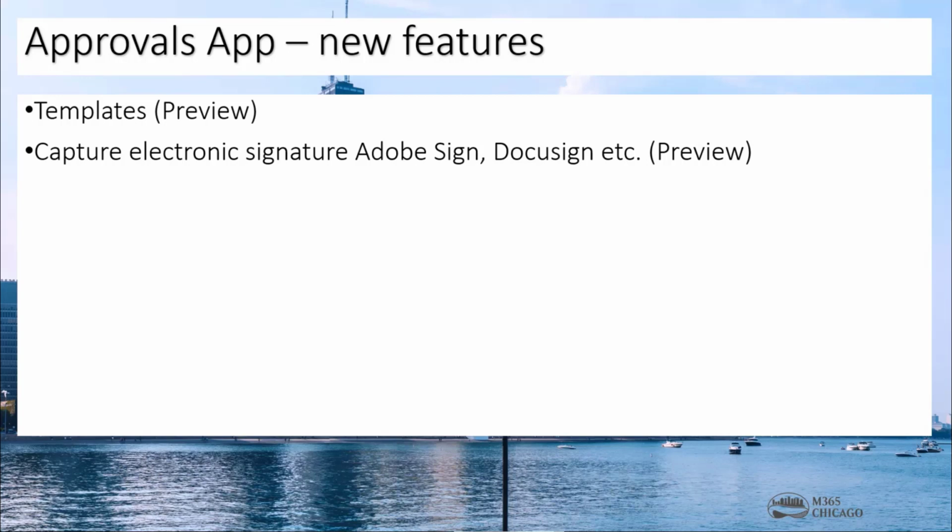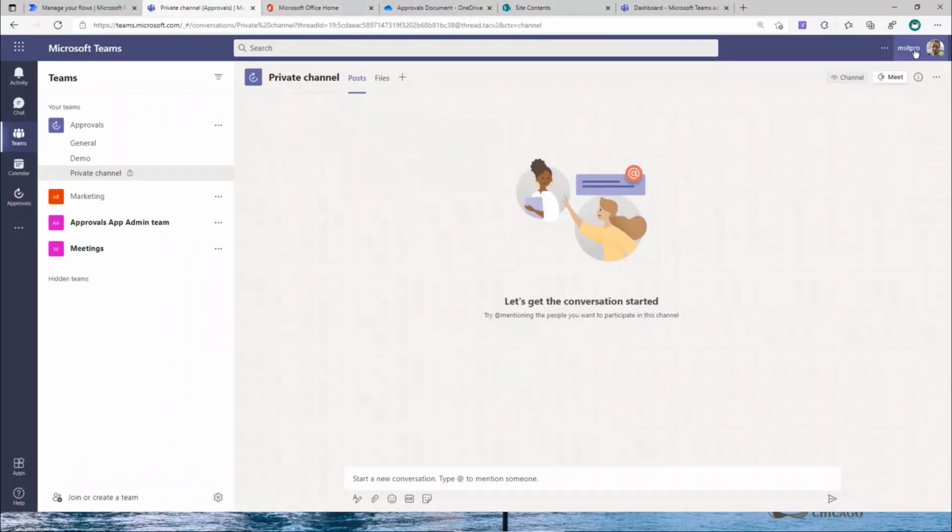And the second one, you can create approvals using electronic signature, at this preview stage only from Adobe. And why is it so important to create templates for approvals? Well, to work with templates and to work with electronic signatures, you must enable preview mode for your Teams.